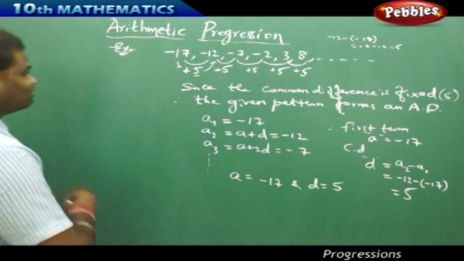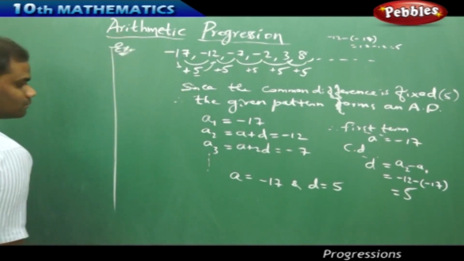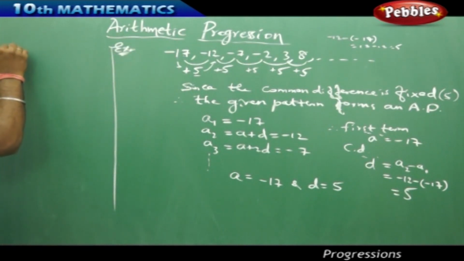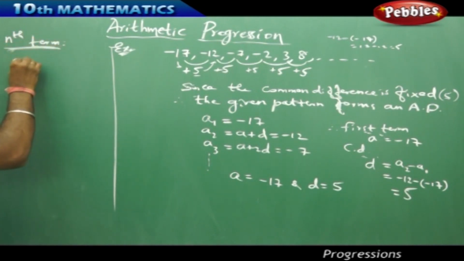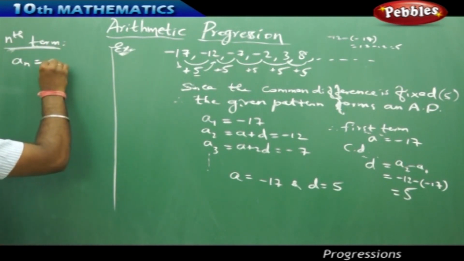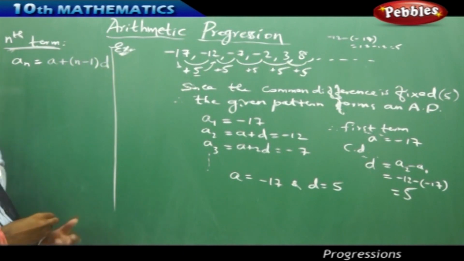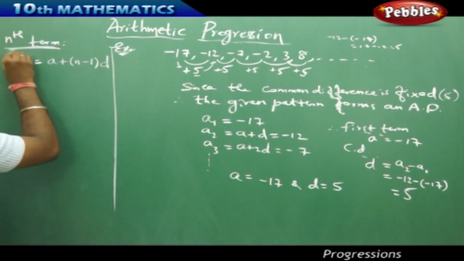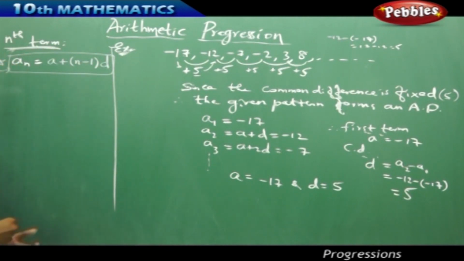The nth term is denoted by an, and the formula for an is a plus n minus 1 times d. This is a very important formula.